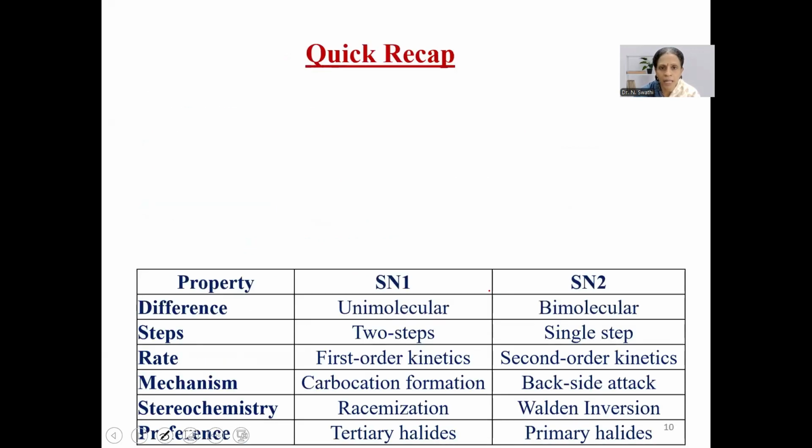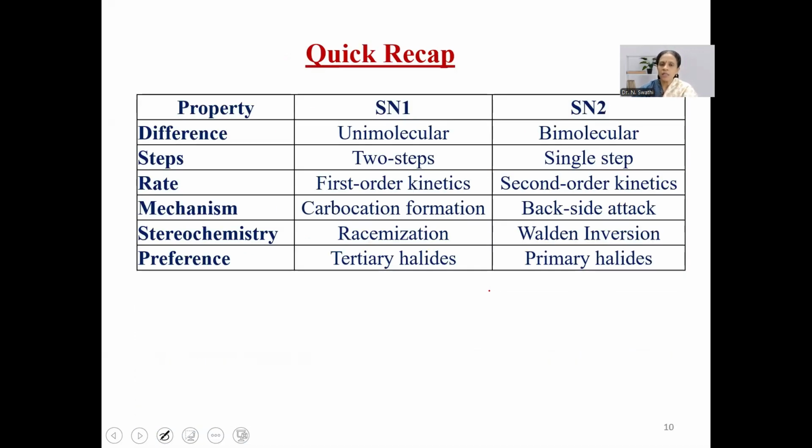And a quick recap, SN1 versus SN2 reactions. SN1 reactions are unimolecular reactions involving 2 steps, and they follow first order kinetics where the rate determining step involves carbocation formation. As stereochemistry evidence, we have seen that there will be formation of a mixture of stereoisomers, known as racemization.